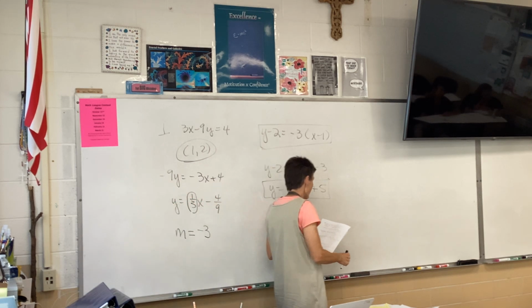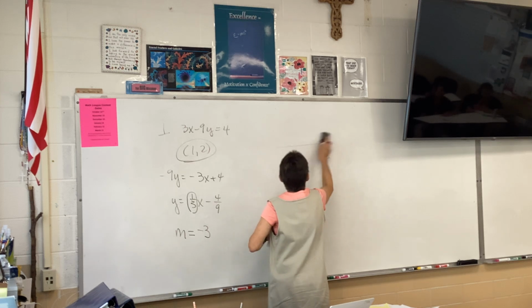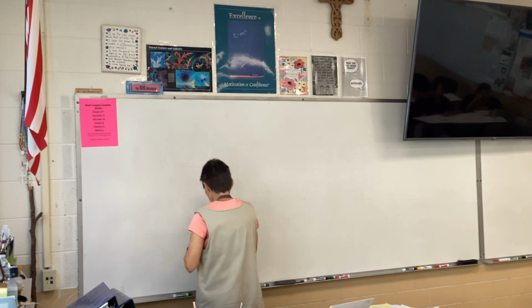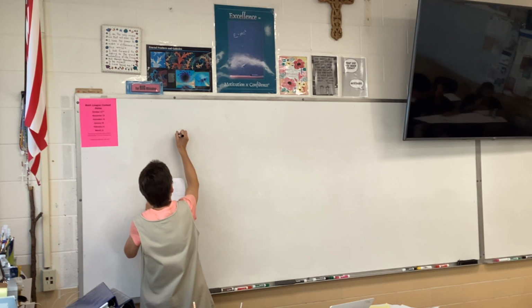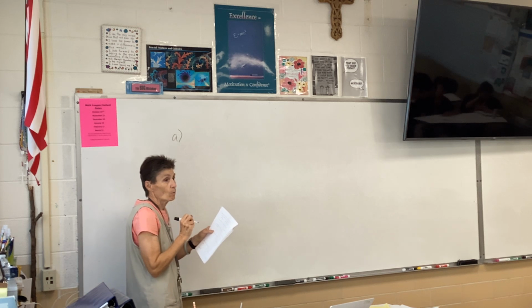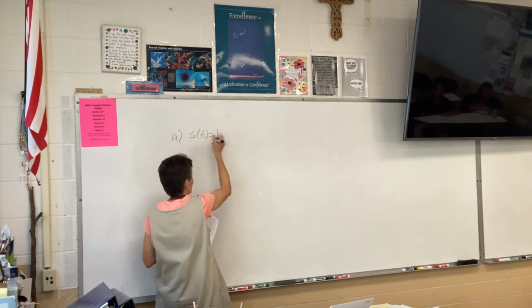All right, a ball is thrown into the air from ground level. Here's your projectile motion problem. Let's see if we can get through it. What is our equation for this problem? H equals, H is fine.